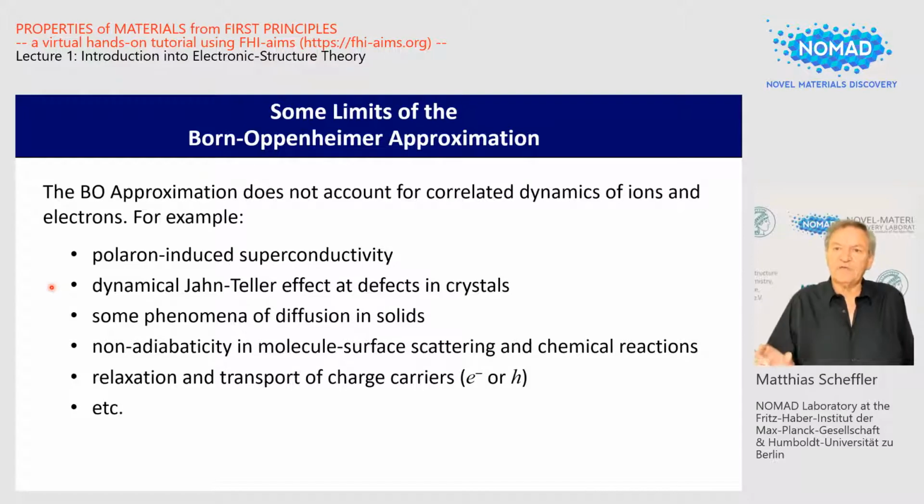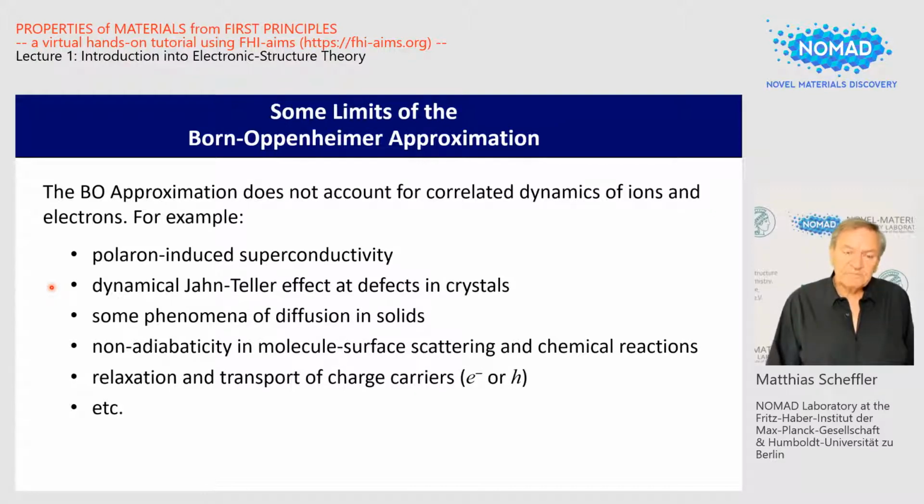So this is an effect where the geometry of the crystal around defects is distorted because of the symmetry breaking, but there are several symmetry-identical positions of the nuclei, and if the energy barrier between these different positions is small, the atoms are in fact not sitting in one position, but are somewhat dynamically distributed.